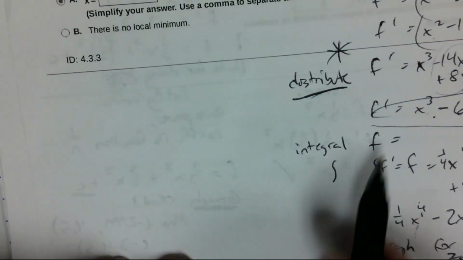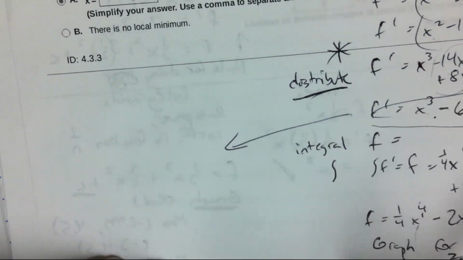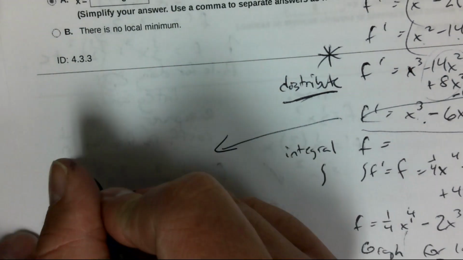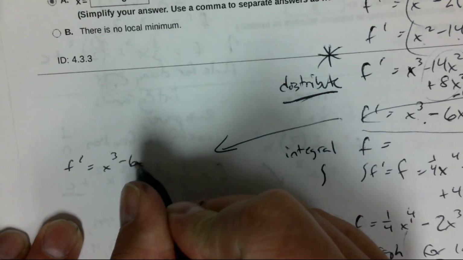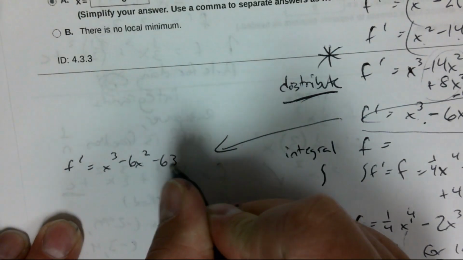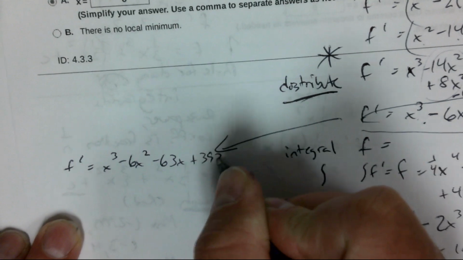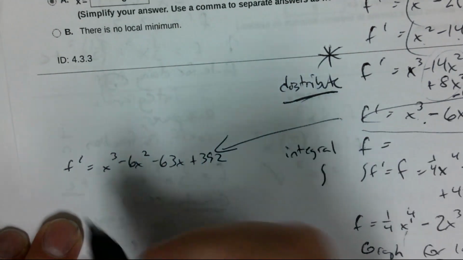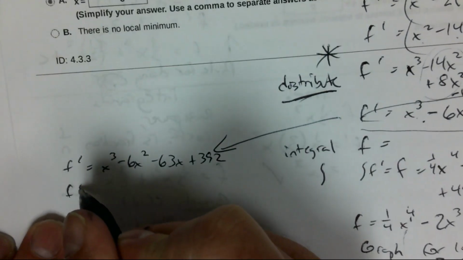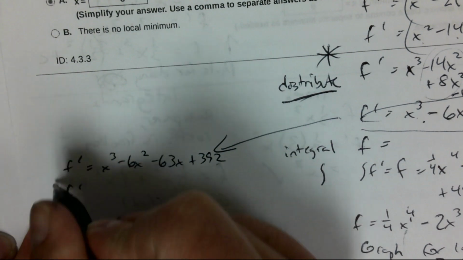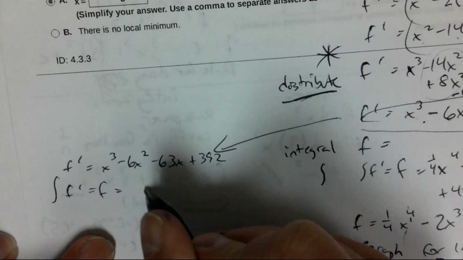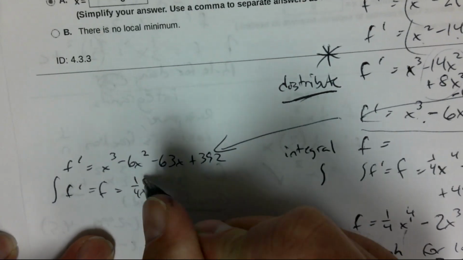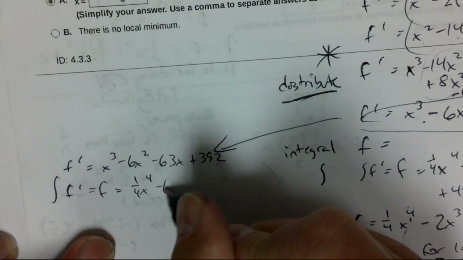So what I should have done is had f prime is x cubed minus 6x squared minus 63x plus 392, and then do the integral of that, which is f, which is going to be 1/4 x to the 4th minus 6.